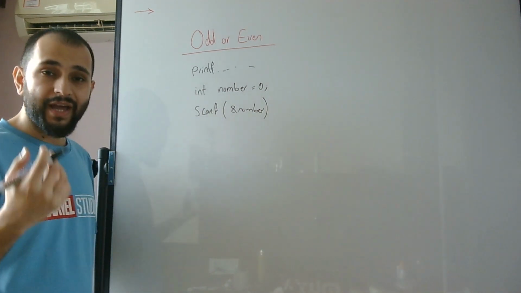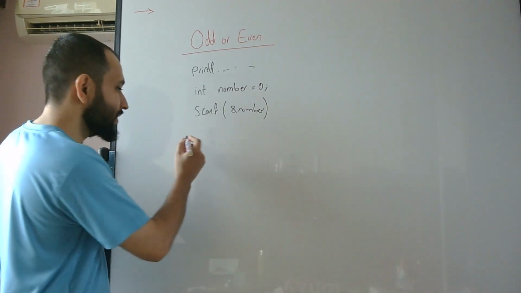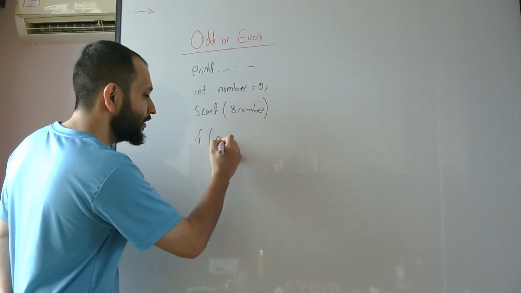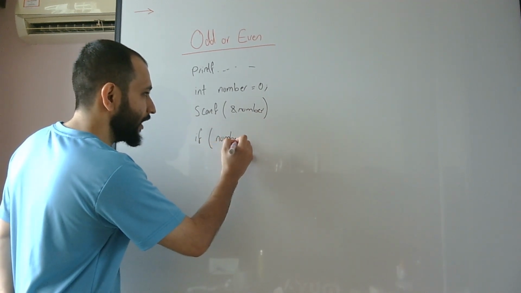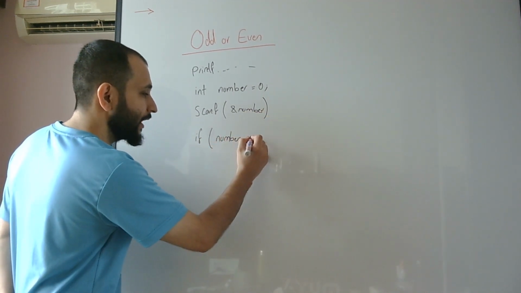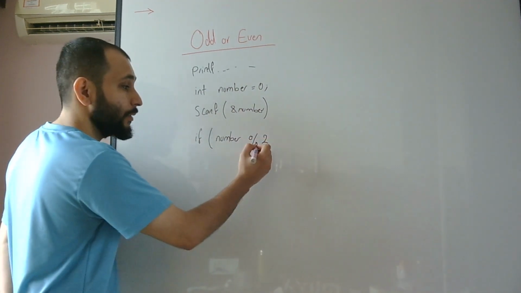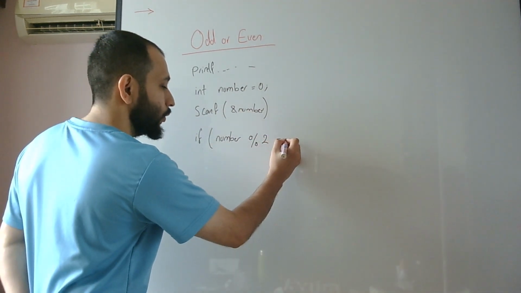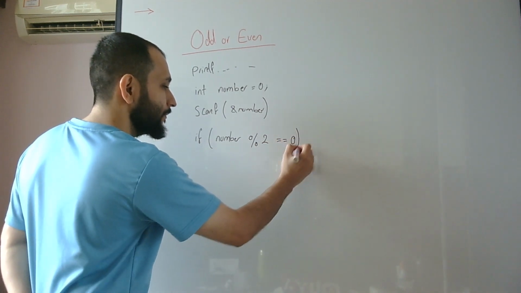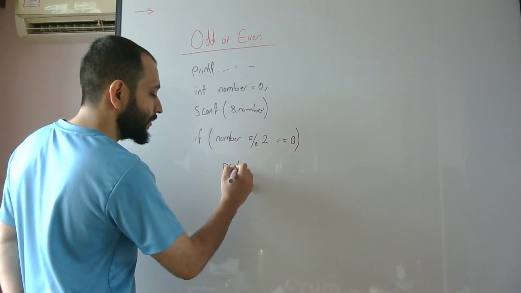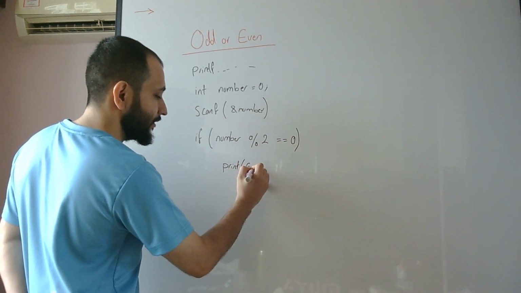So based on that, we can create if statements. We can say that if this number, which we have got from the user, is divided by 2 and the remainder is equal to 0, then we can print a message that this number is even, right?